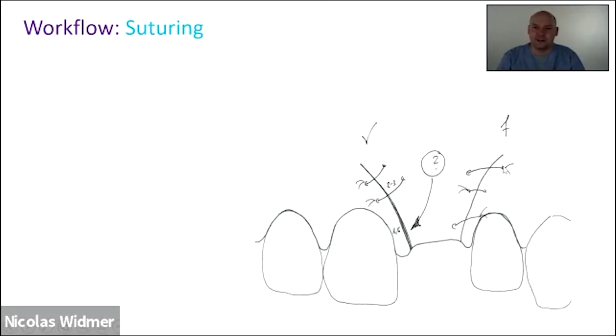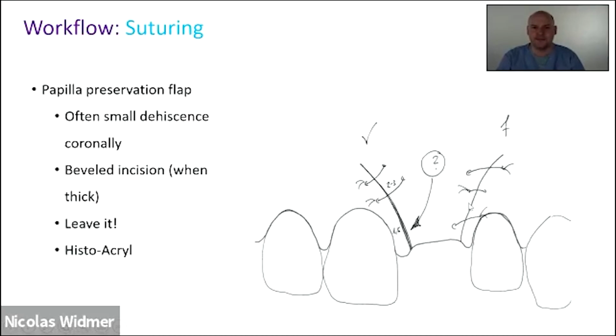And when you have this angulation, instead of this one, you pull down your flap instead of pulling it up. And then another mistake: try to put the knot on the attached tissue, and better on the fixed part.